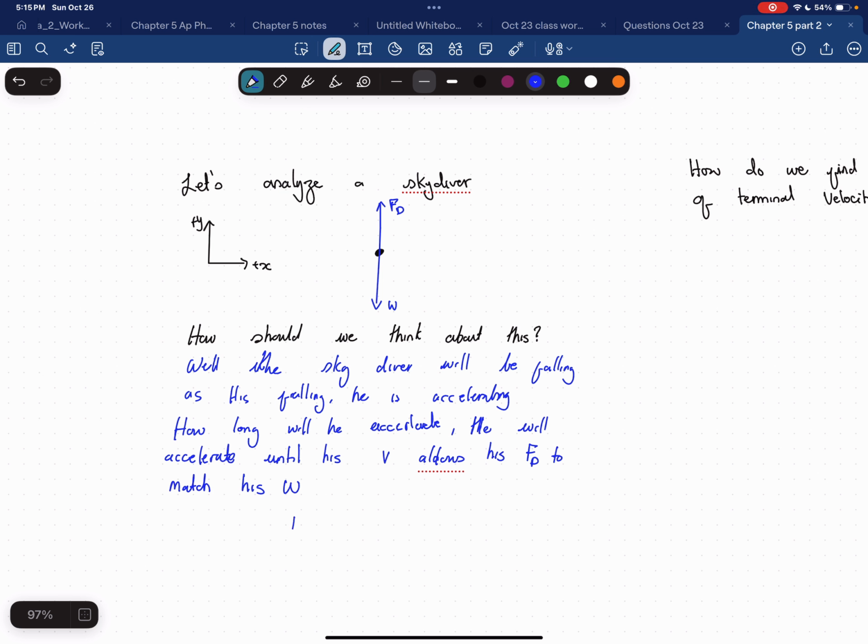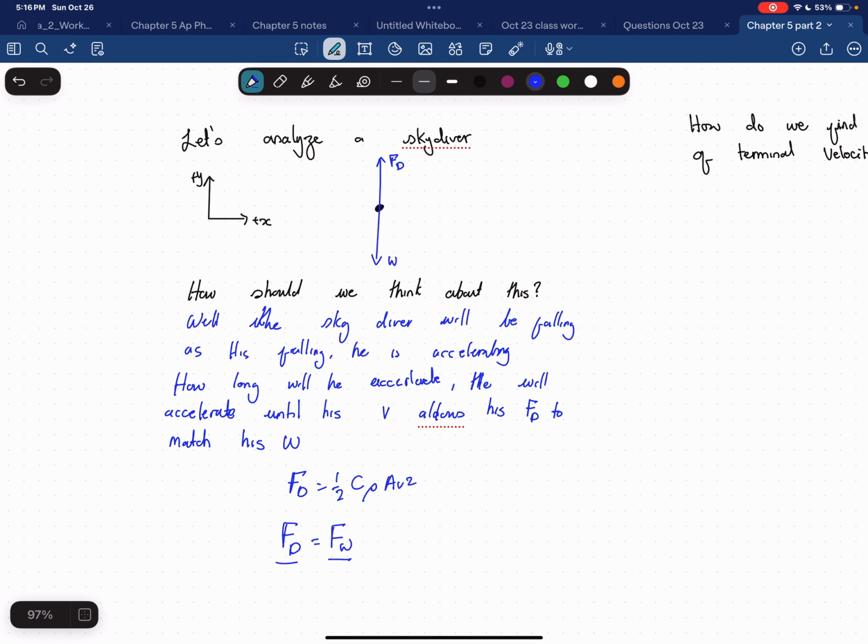We know the formula for drag is 1/2 C rho A v squared. So the skydiver will accelerate until F_D equals our weight force, and we call the velocity at which the drag force is equal to the weight force the terminal velocity.